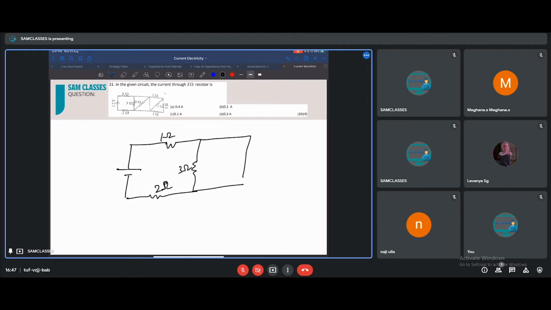Next, we have nothing in this box, one diagonal connection of 1 ohm. Here we have 1 ohm again, 1 ohm here again, and 1 ohm here again. In between, we have 1 more 1 ohm. That's it. Now, how do we simplify this one? If you're able to simplify, it's a done question.